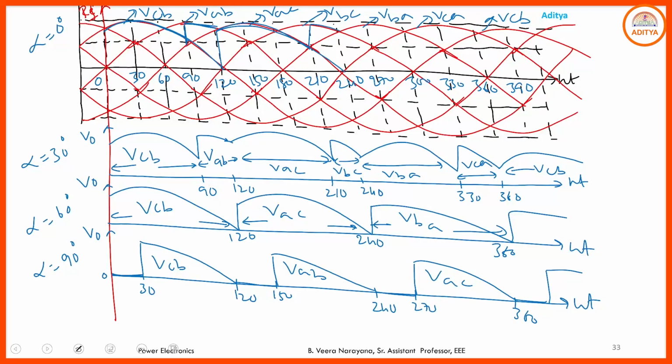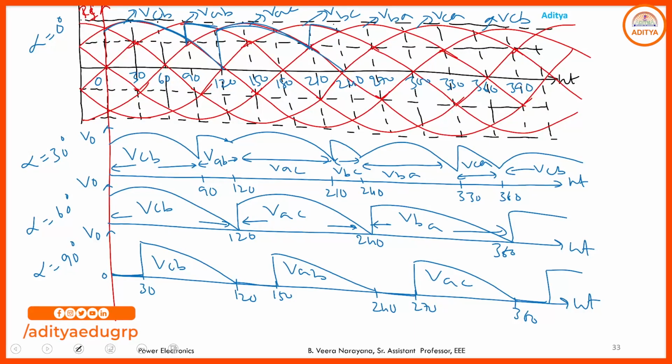If you choose alpha equal to 0, then VCB is 60 degrees and VAB is 60 degrees. If you choose alpha equal to 30, VCB is 90 degrees, VAB is 30 degrees. If you choose alpha equal to 60, VCB is 120 degrees and VAB is 0.